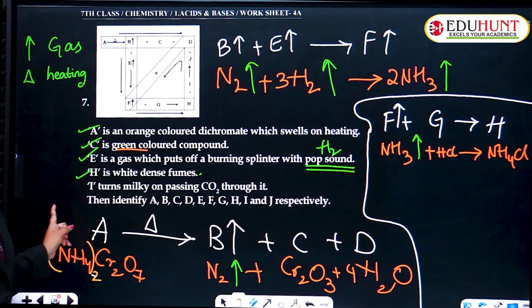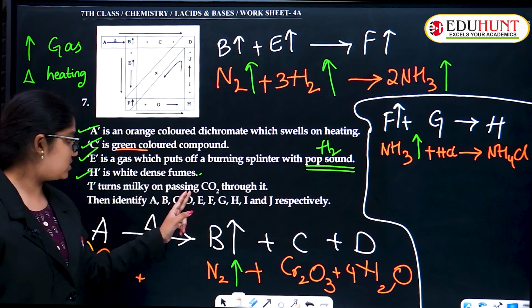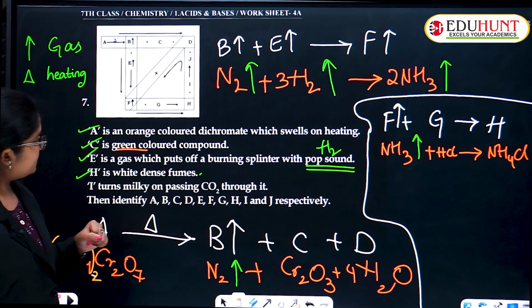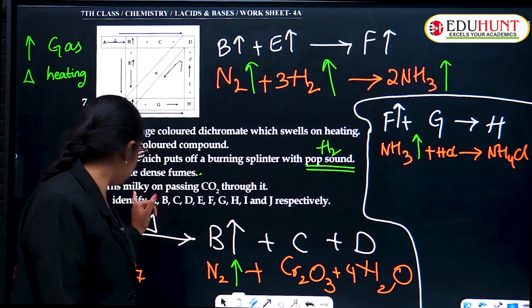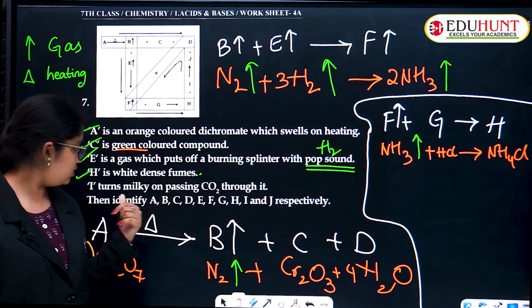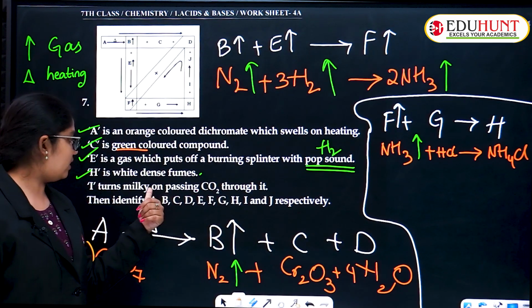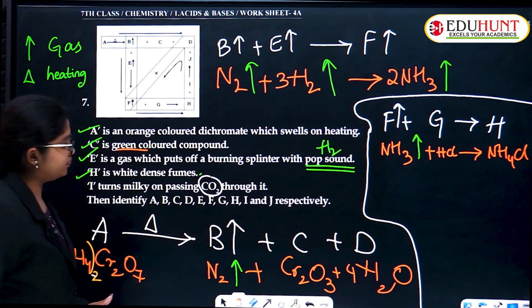Okay. Here it says I turns milky on passing CO2 through it. See, there is an I which turns milky. Milky means the solution turns white.